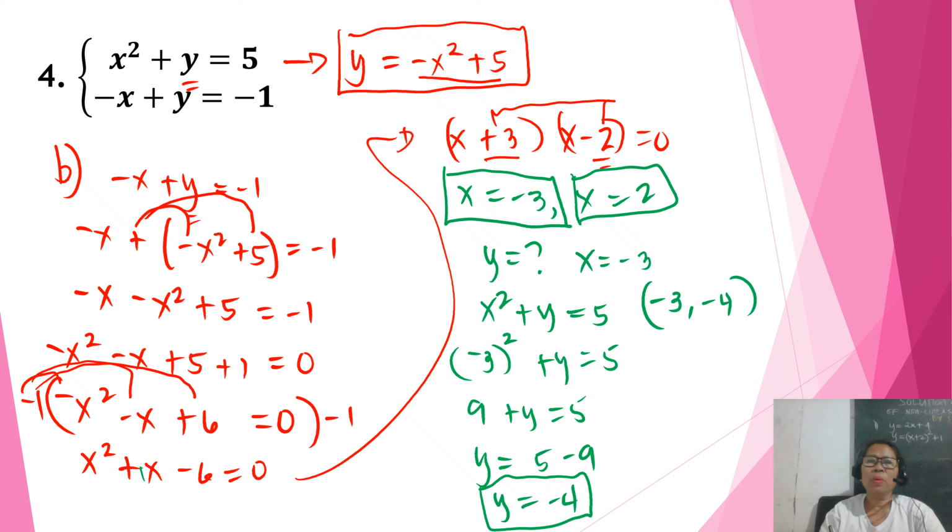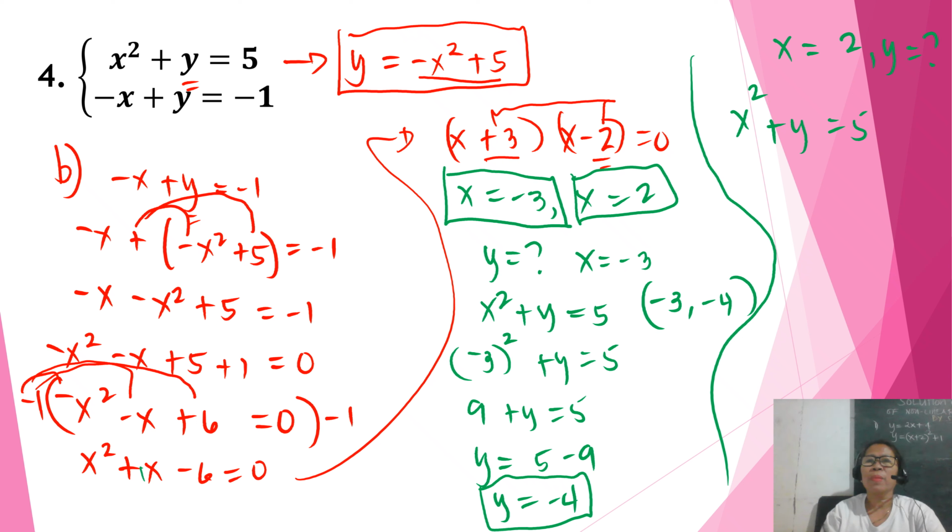Then the second one will be, what will happen if x will be positive 2? If x is equal to 2, then what is the value of our y? So we will still use equation letter A. So x squared plus y is equal to 5. The x is 2, so 2 squared plus y is equal to 5. So y is equal to 5, the 2 squared will be positive 4, then transpose negative 4. So y is equal to 1.